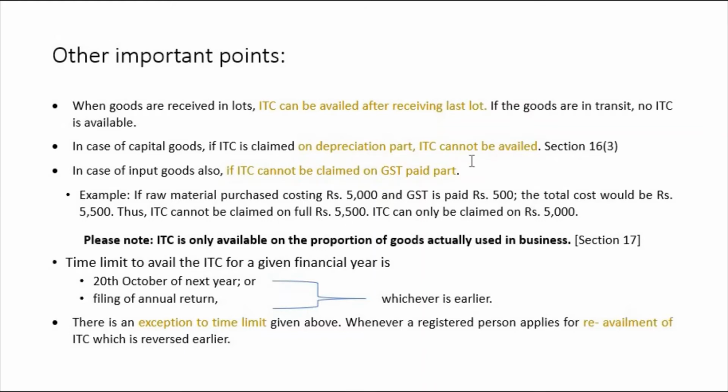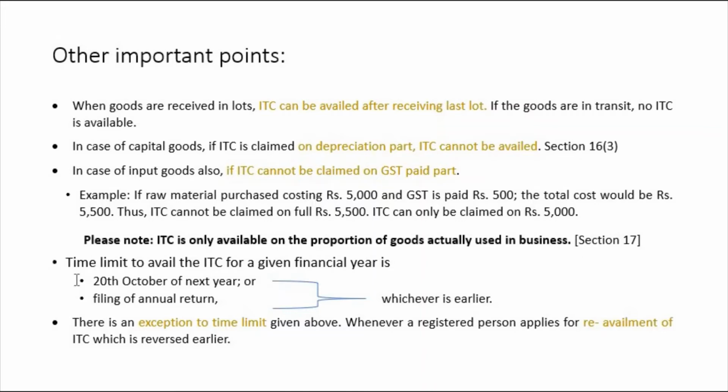Similarly, in the depreciation part also, if you are purchasing capital goods, there also you have paid taxes, right? So if you capitalize that along with the taxes, then yes, ITC is not available, right? Please note that ITC is only available on the proportion of goods actually used in the business.